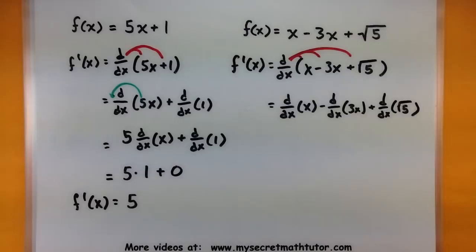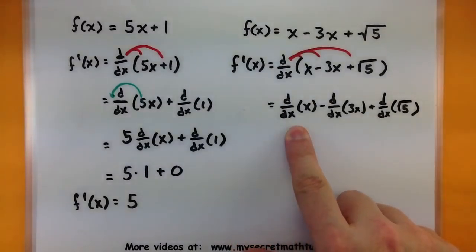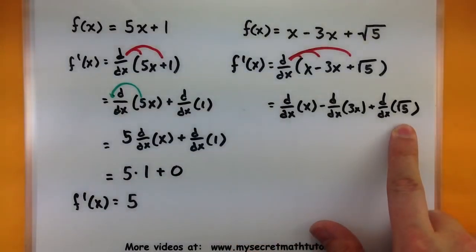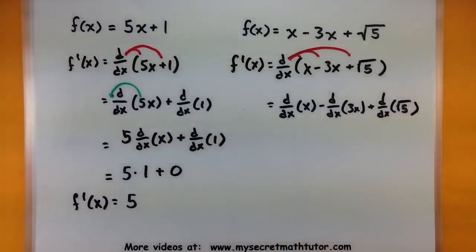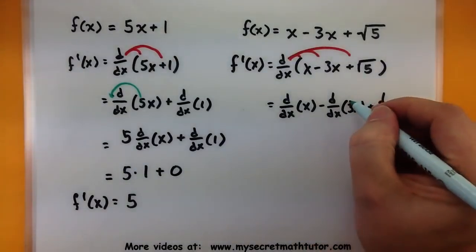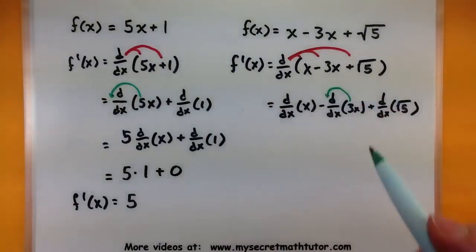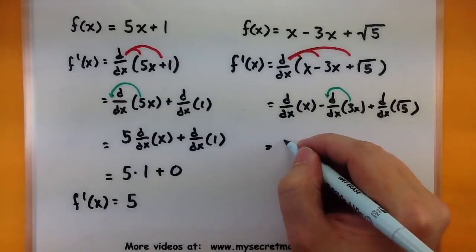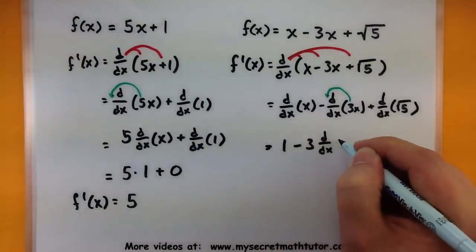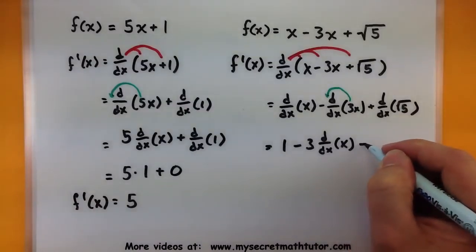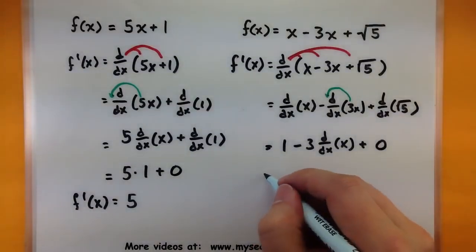Okay, now two of these aren't so bad. The derivative of x is 1, and the derivative of a single constant is 0. This one we have a constant multiplied by an x, so we're going to move that constant out in front of its operator. So derivative of x is 1 minus 3, still need to take the derivative of x, plus 0.